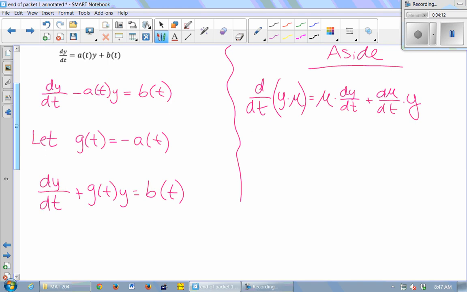All right, now, this whole mu thing. There's some mu over here that if I took the derivative of y times mu, I would do the product rule and I'd get this. It's hard to know what it is, but just imagine that we had some function mu, and you multiply both sides of your differential equation by mu of t.